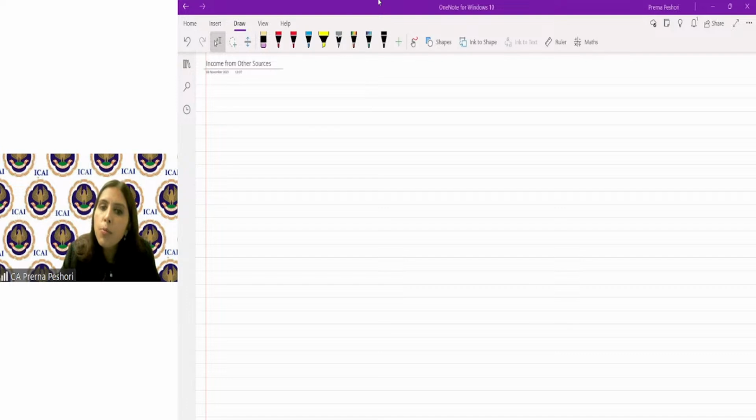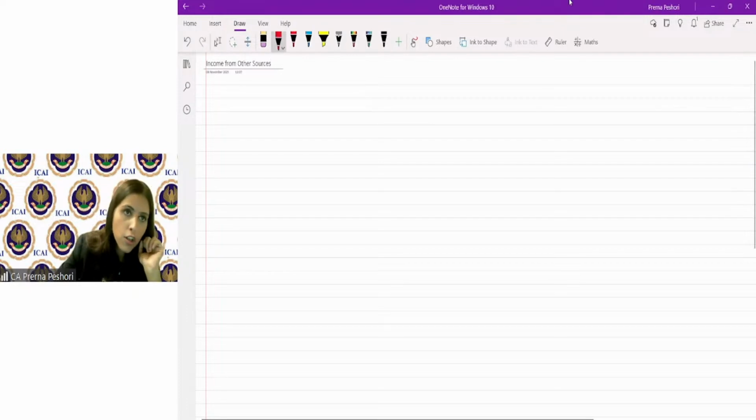Now, income from other sources is the residuary head of income. What is not covered under the PGBP, under the capital gain, under the income from house property will be covered over here. So again here, like capital gain, like PGBP, since we had the general charge and specific charge, here also we have the general and the specific charge.